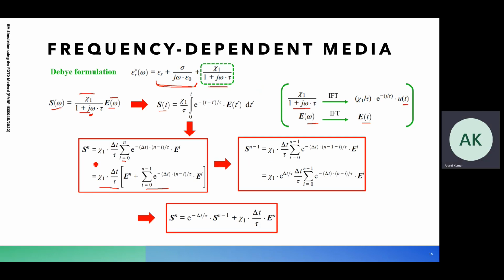Once we got Sn, we can find the expression of Sn minus one, and then write Sn in terms of Sn minus one and the electric field value. So now we have a very simple update expression which is very compatible for FDTD, where we calculate Sn by the previous value of Sn and the new electric field value.